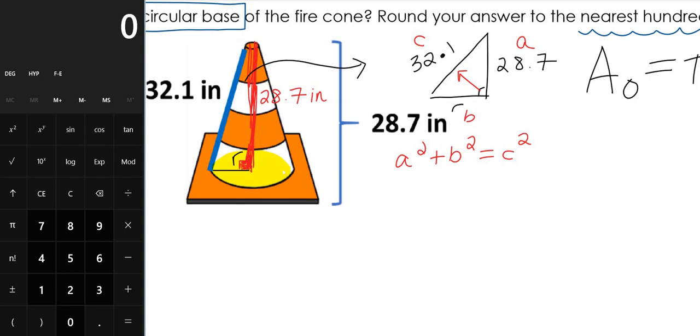I'm going to start. A squared is my 28.7 squared plus my B, well, that's what I'm looking for. That's the radius, squared, equals C is 32.1 squared.